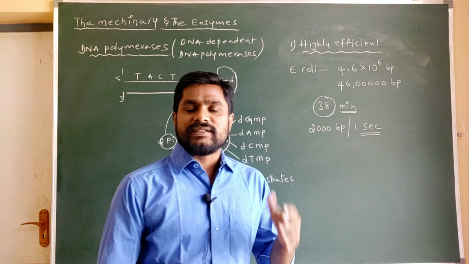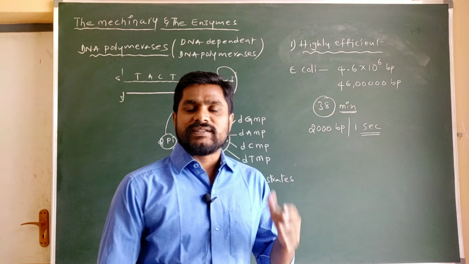The DNA polymerases involved in DNA replication are of 3 types in prokaryotes. Those are DNA polymerase 1, DNA polymerase 2 and DNA polymerase 3. Let us discuss one by one.